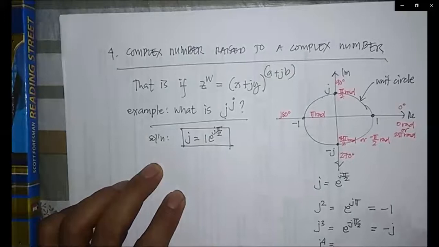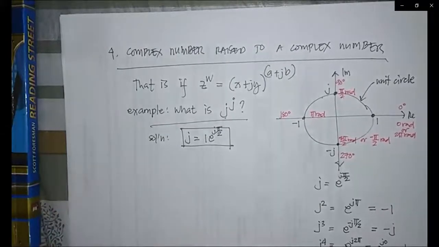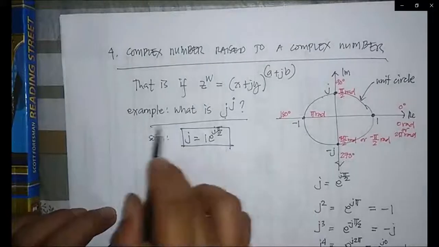For j fourth, take note, j fourth can be e raised to 0, or e raised to 2 pi. So it can also be e raised to 0. I'm sorry, you can't see my handwriting. That is equivalent to the value of 1.